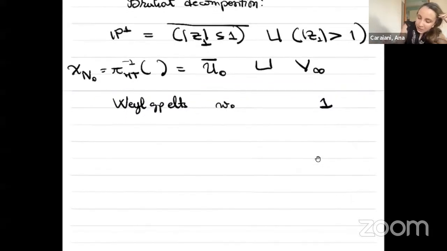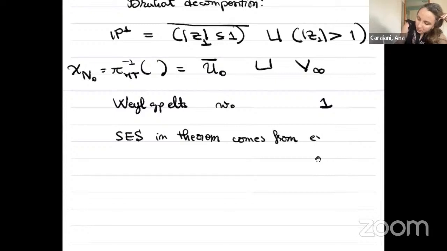And so let me just say that the short exact sequence in the theorem really just comes from the exact sequence for cohomology with support in a closed subset.